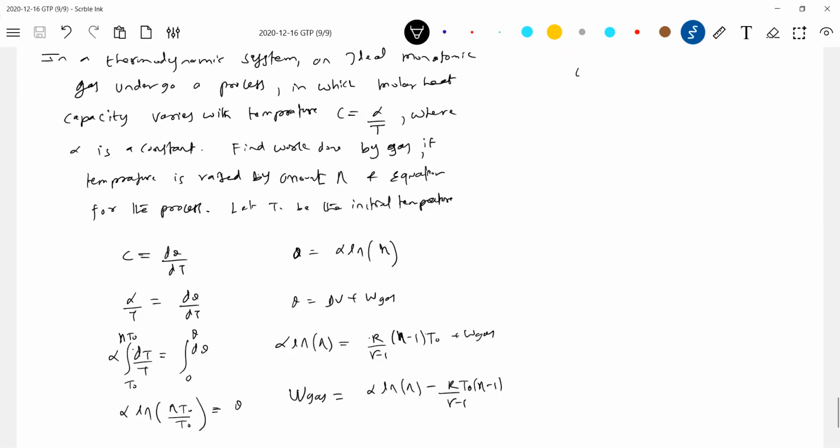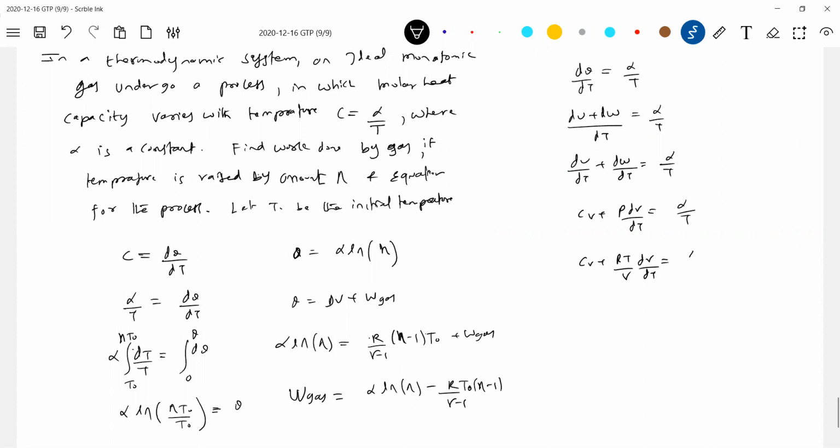So the equation for the process, I'll begin from here. dQ by dT is equal to alpha by T. dQ you can write as dU plus dW. dU by dT is Cv. dW you can write PdV, with P equal to RT by V, dV by dT.